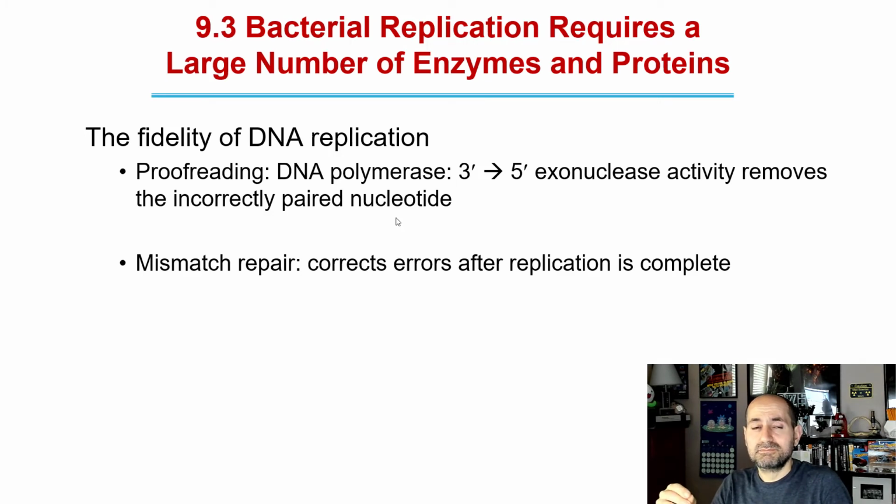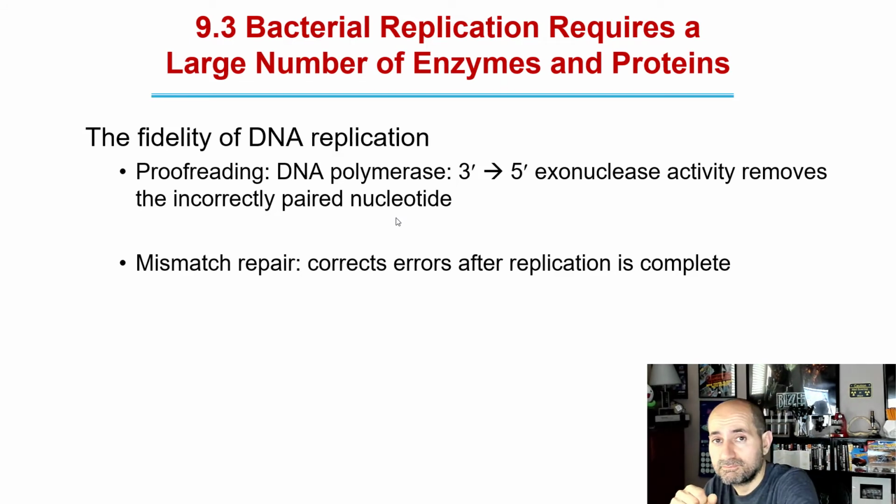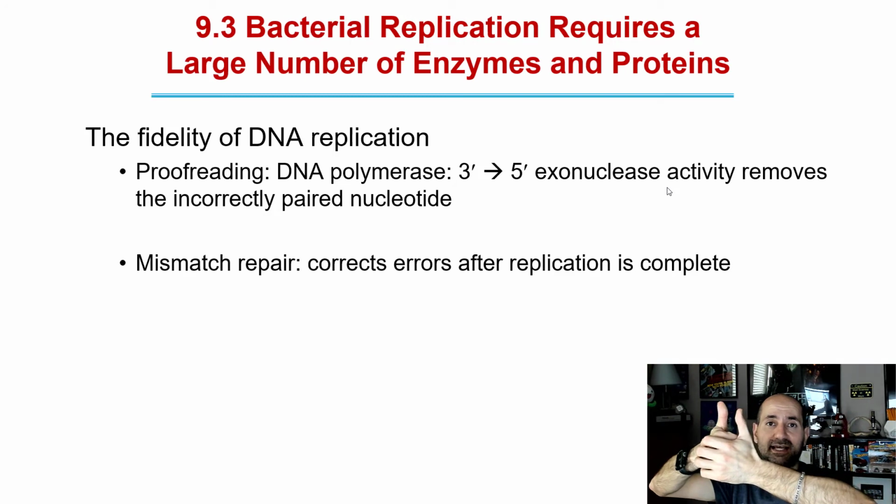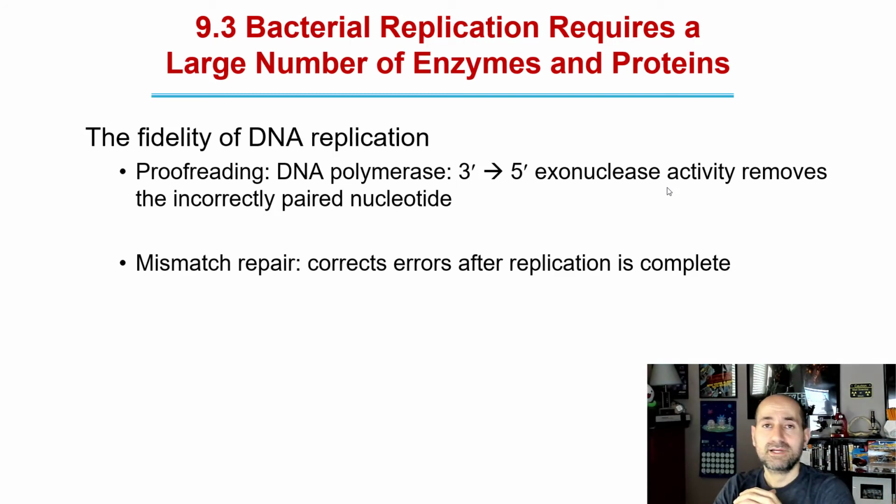It says, oh, I made a mistake, I put an A with a G instead of an A with a T. It can then back up, like throw on the reverse lights and back up, not in a 5' to 3' fashion, but 3' to 5'. That's why they call it 3' to 5' exonuclease activity. That means it can move backwards and cut out the mistake, cut out that G, and replace it with the correct nucleotide T, and move on, right?